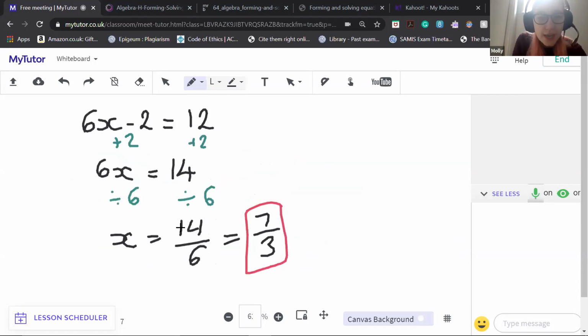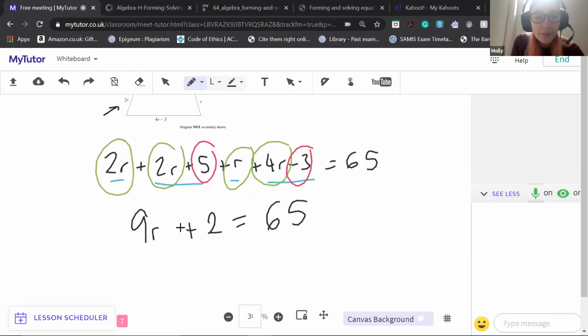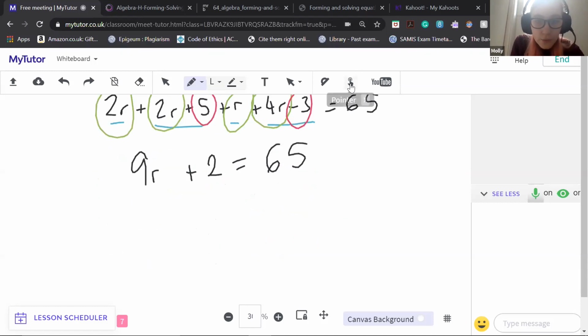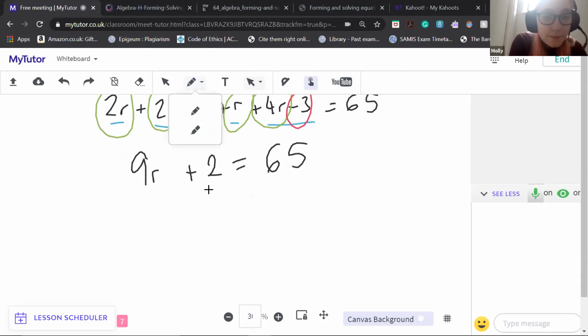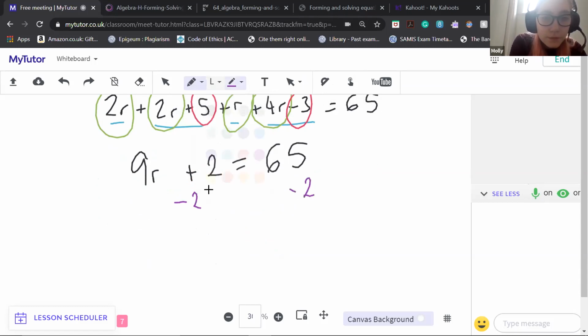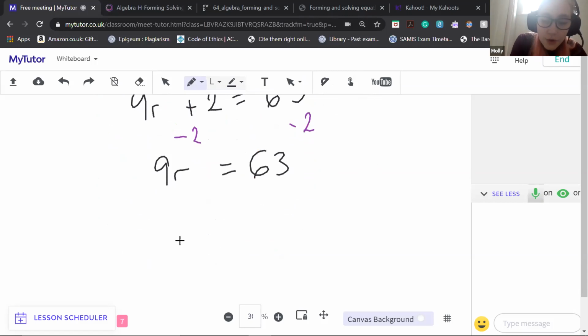Now this is just like the ones we had a go at solving. The first thing is we want to get rid of the plus 2 from this side. It's currently being added, so we're going to subtract 2 from each side. So then we get 9r equals 63. Now we want r by itself, so we're going to get rid of this 9.